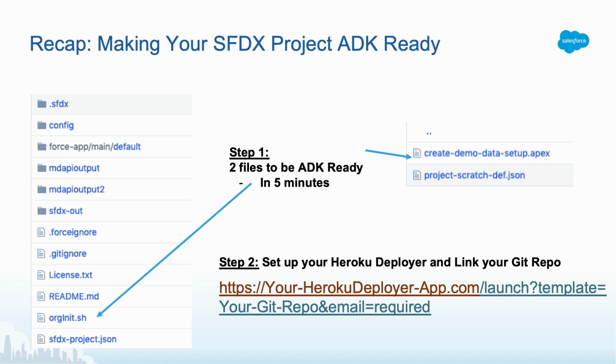And then we have that create demo data setup file, and that's what's going to do that password reset and also any other Apex that you want to be calling on there. And then you create your Heroku Deployer application, and you link it to your GitHub repository, as I'm showing right here.